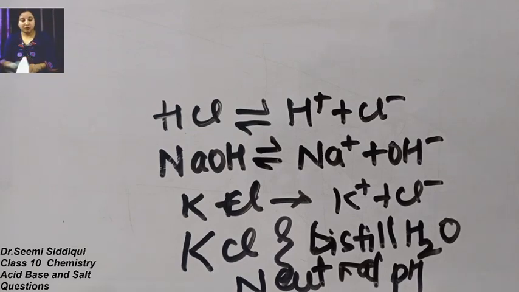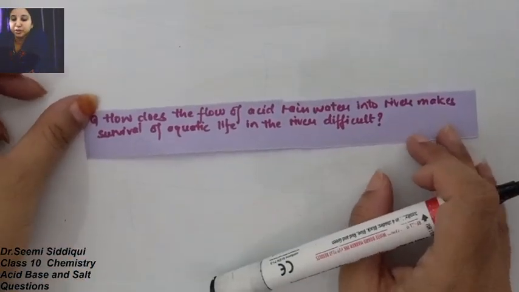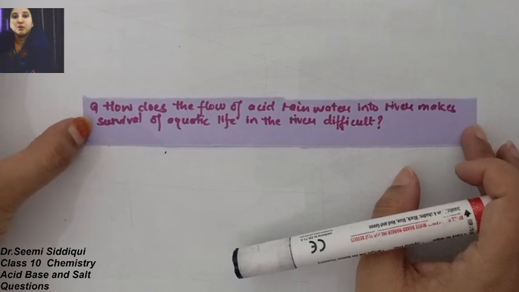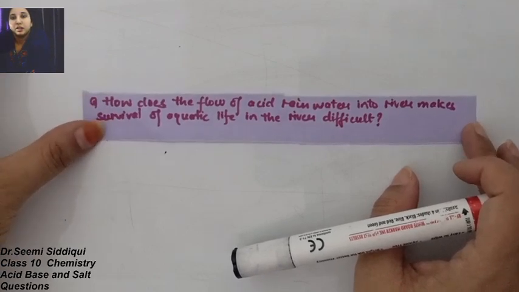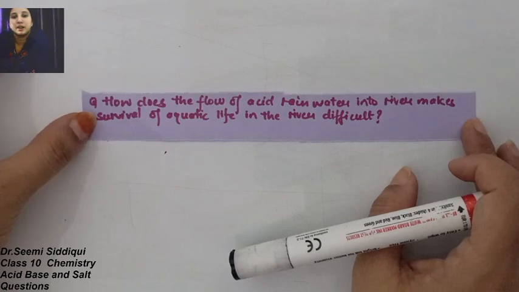Now let's look at the next question. How does the flow of acid rainwater into a river make the survival of aquatic life in the river difficult?